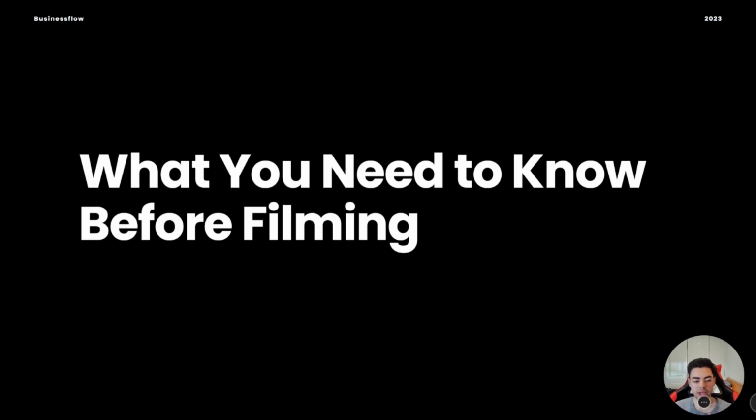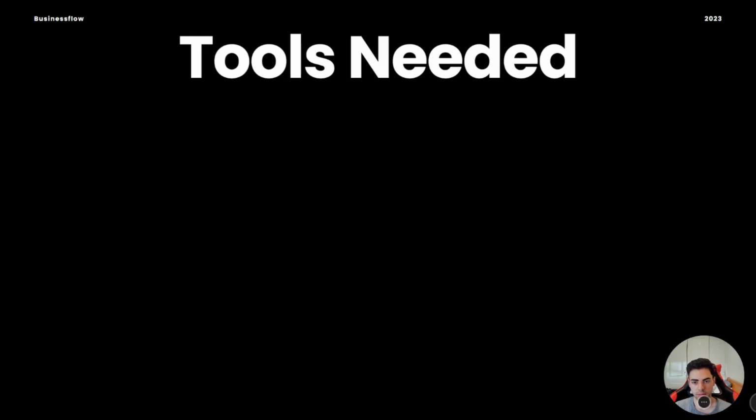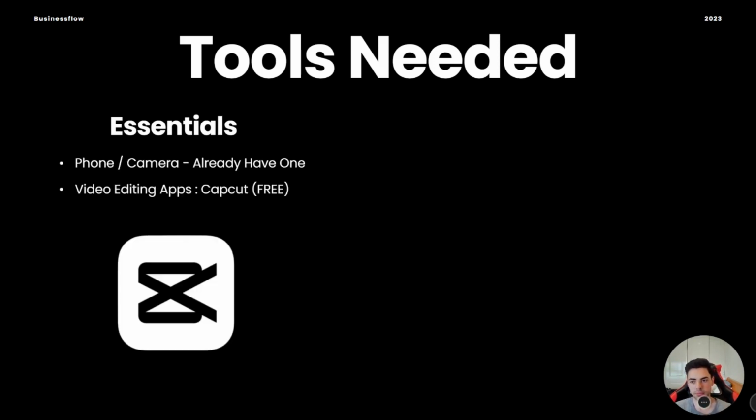Now, before we actually do anything and before filming any videos or getting any ideas, what do you actually need to actually succeed and make good quality videos? So these are the tools you're going to need. These are the essentials, and trust me, this is all you need to get started because most people don't even start.